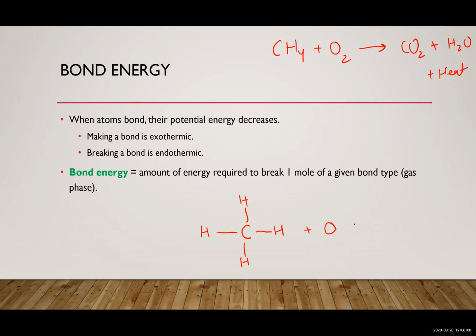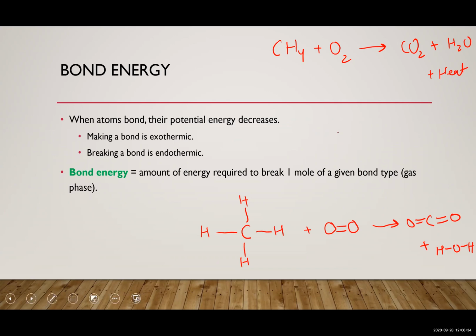And then oxygen is bonded with another oxygen, with a double bond. These are the Lewis structures; I'm not worrying about the octets for now, I'm just drawing the structures. Plus water is H-O-H.